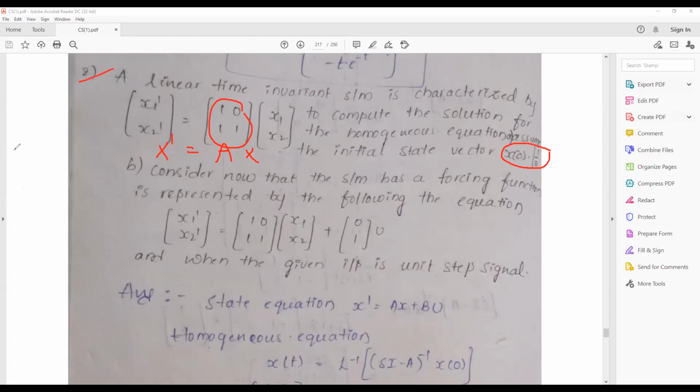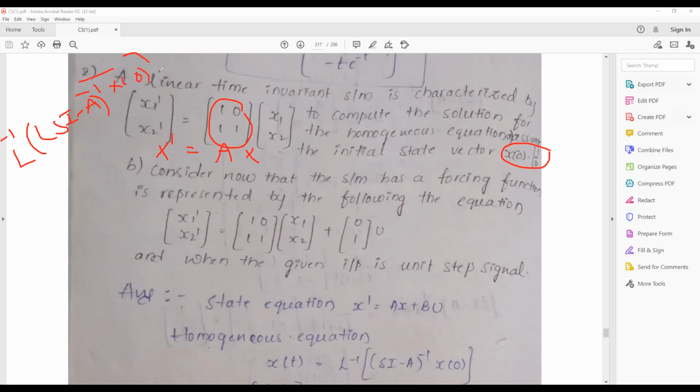First, the formula for the solution of the homogeneous equation is Laplace inverse of (sI minus A) whole inverse into x of 0.